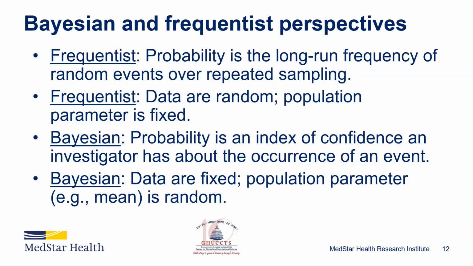From the Bayesian perspective, probability is an index of confidence an investigator has about the occurrence of an event or the value of a statistical parameter. And in the Bayesian perspective, the data are fixed, but the population parameter is random. And we'll see why that's the case as we go along here.